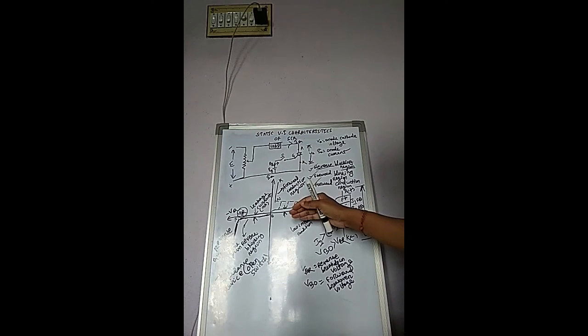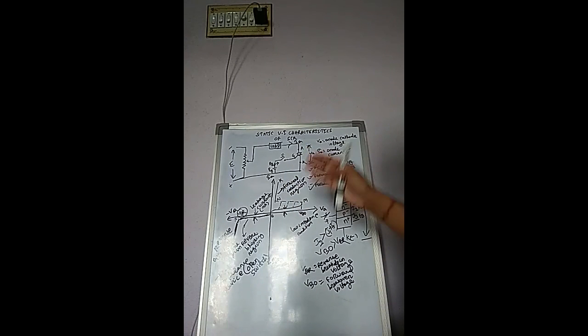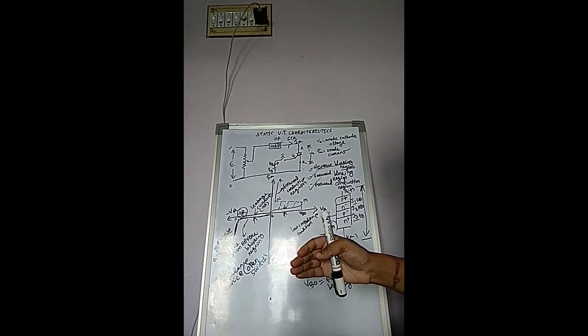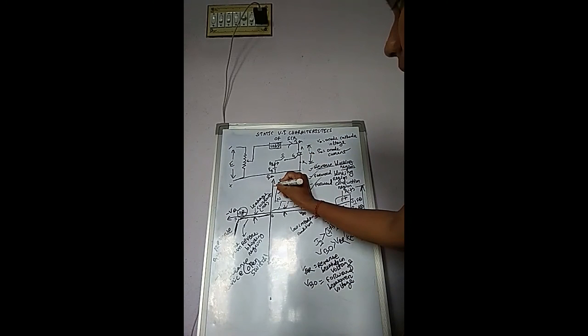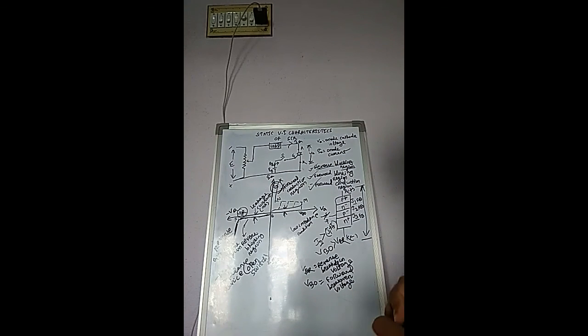After the device latches to on state, the voltage drop across the device during on state lowers to 1 to 2 volt. This part is the on state voltage drop. Here the voltage drop ranges between 1 to 2 volt.